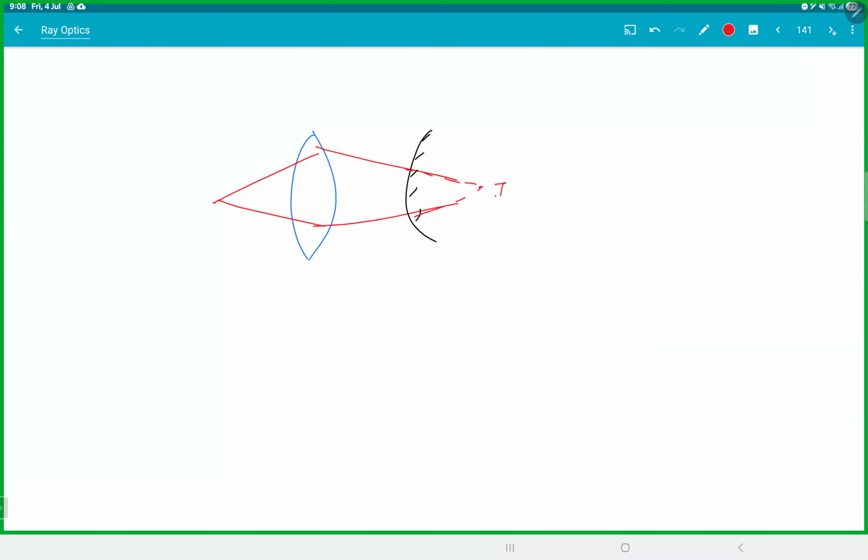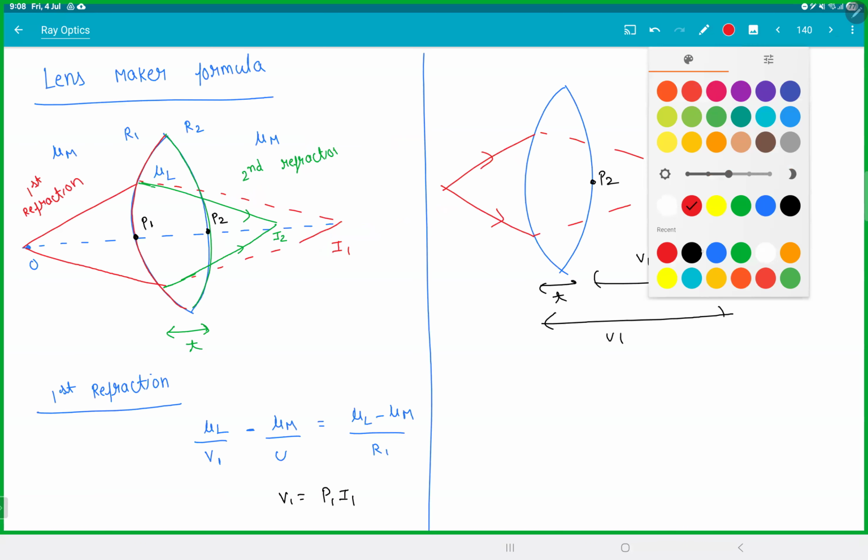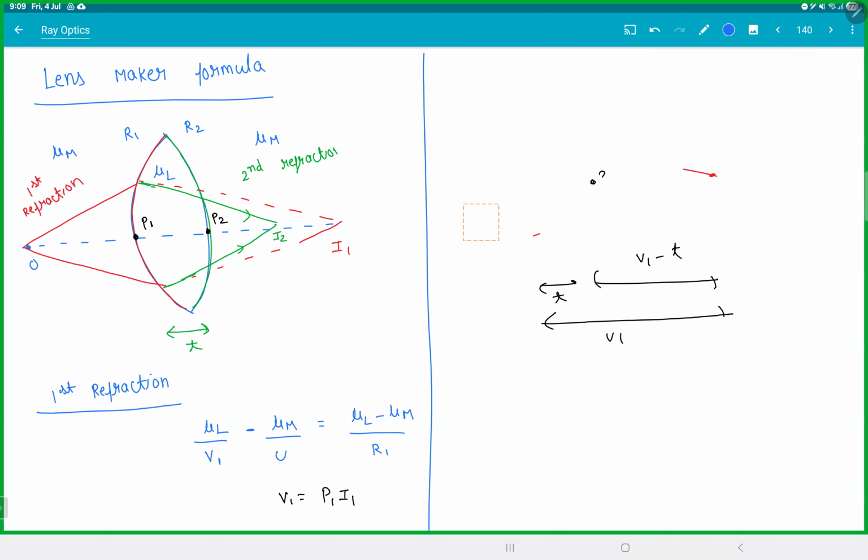That was a virtual object, but you kept a mirror in the middle. They will reflect and form an image somewhere else. So this point I1, the point where the light rays are supposed to meet, will act like an object for whatever system is there. Technically speaking, there are no light rays there. That's why it is virtual. It behaves like an object. So here I1 is a virtual object for the second refraction.